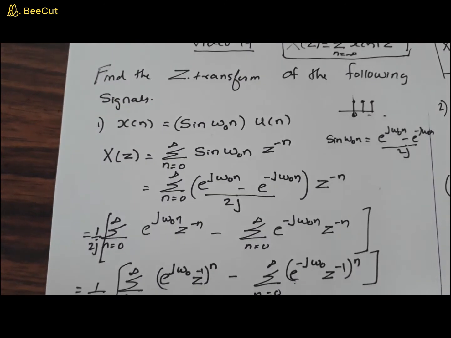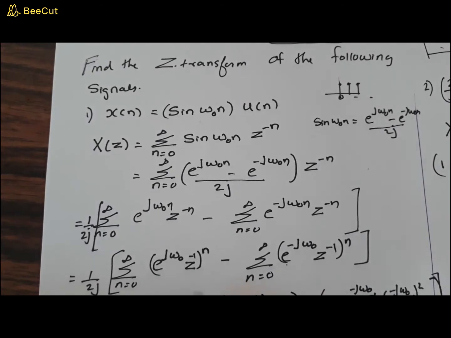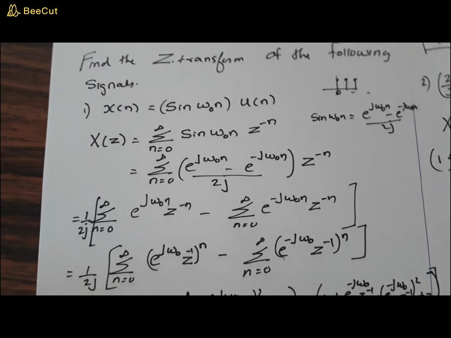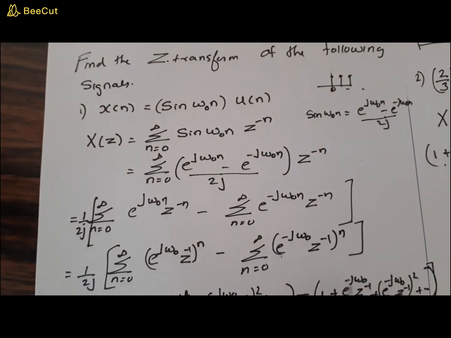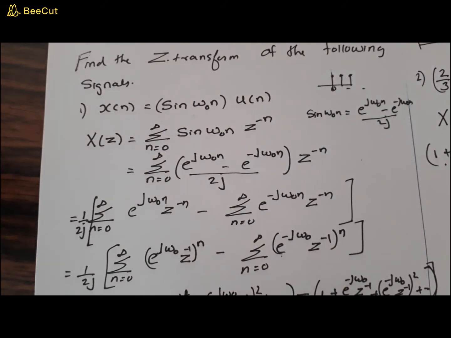Now the next step is to expand this summation. You are simply putting n is equal to 0, 1, 2, 3, etc. So substituting that, you will get 1 plus e raised to j omega 0 z raised to minus 1 plus e raised to j omega 0 z raised to minus 1 the whole square, etc. Here the difference is e raised to minus j omega 0. So you will be getting an almost similar series.